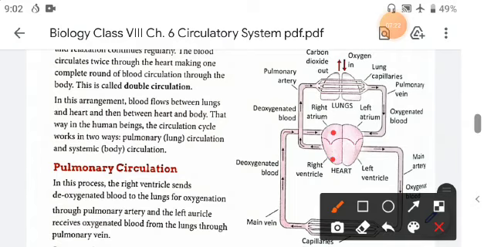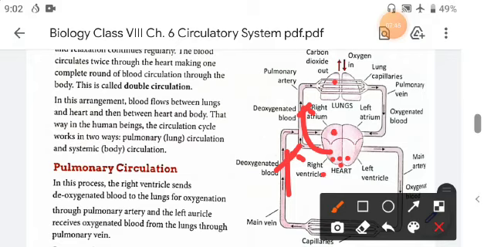Here, through the main vein, blood will enter the right atrium, then finally it will enter the right ventricle, and through the right ventricle this blood moves to the lungs for oxygenation.